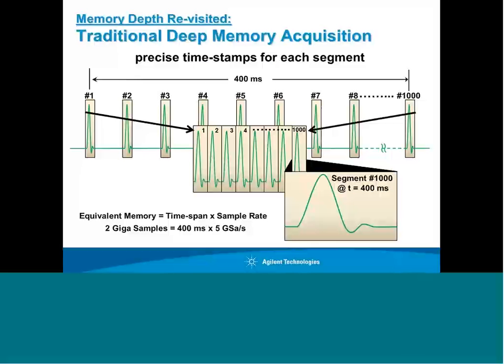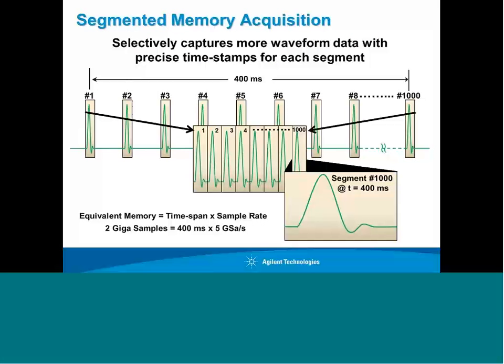The solution is segmented memory acquisition, which is available on many scopes today. It goes by different names. Agilent calls it segmented memory. I think some other vendors call it fast frame, or sequence mode, or history mode. What it does is selectively capture more waveform data by only capturing narrow windows around each event that you want to capture.